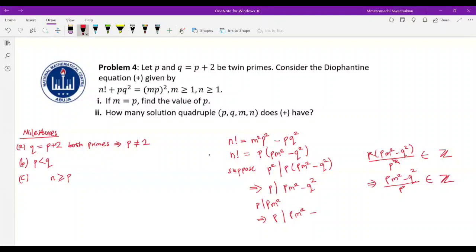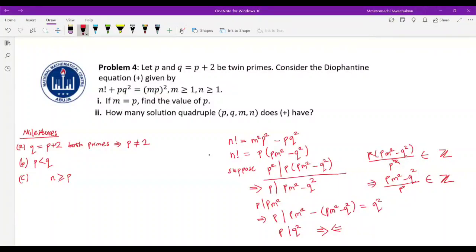So pm squared minus q squared, which is equal to what? Q squared. So we have that p must divide q squared. But since these are both primes, we get a contradiction. So it means our assumption from the beginning was wrong.